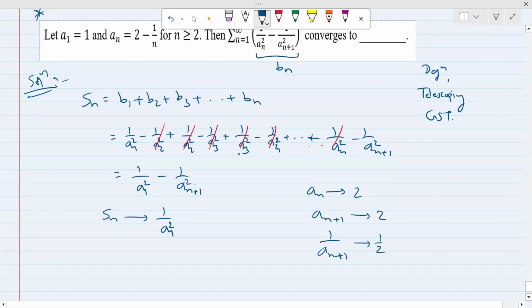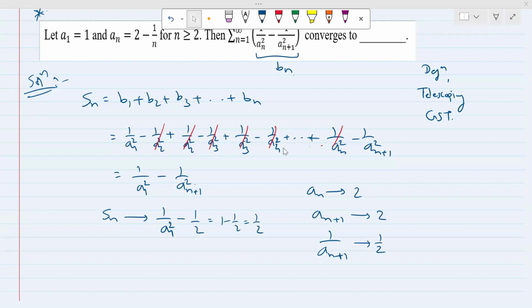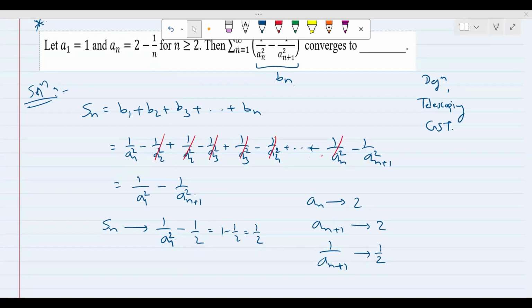So what do you get here? 1 minus half, it's half? No, we have to square now.